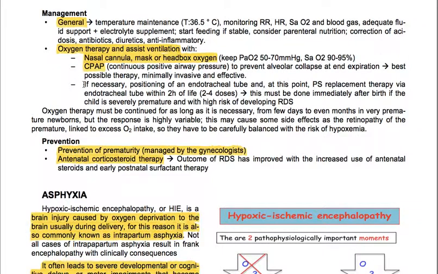This must be done immediately after birth if the child is severely premature and at high risk of developing RDS.